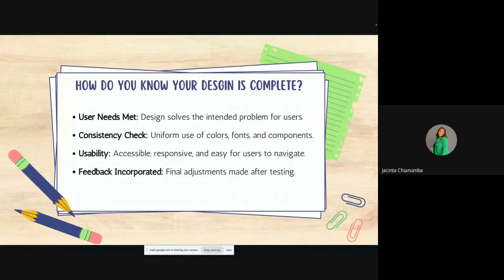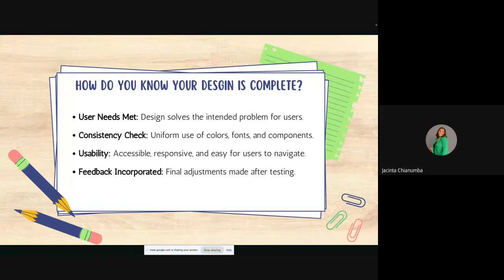Then your feedback incorporated. When you must have done maybe your first iteration of design, and then you want to test with your users, or you want to get feedback from your stakeholders or from your clients or from whoever you're designing for, and then they have given you their feedback.